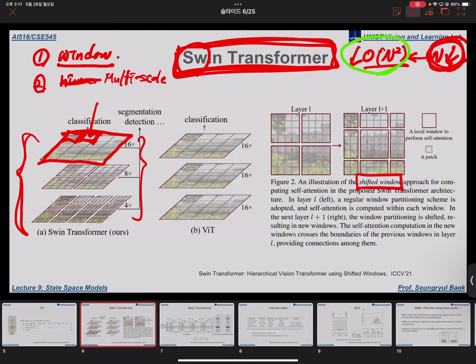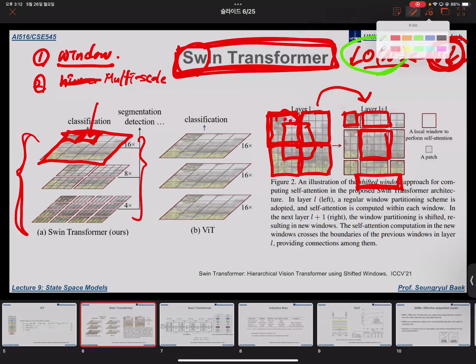What it does is, even with the same scale window, in a certain layer, they will divide the images in this manner, okay? But in the next layer, even with the same size window, they can divide images by shifting the windows to this, okay? So this is important.